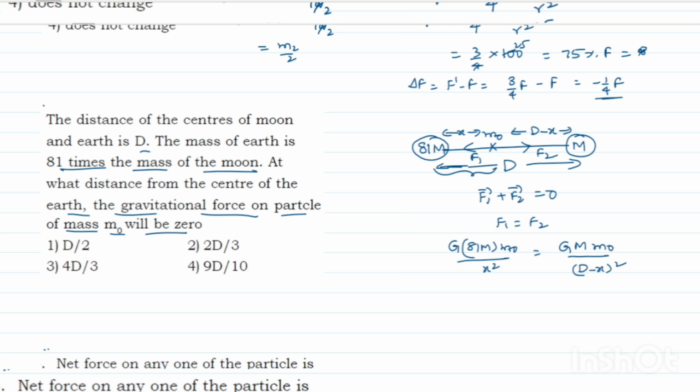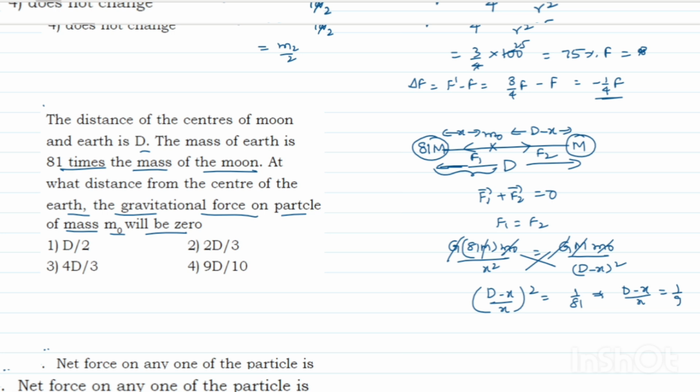So G gets cancelled, capital M cancels, m0 cancels. Cross multiplying, we get 1 by 81 equals d minus x whole square by x square, so d minus x by x equals 1 by 9.